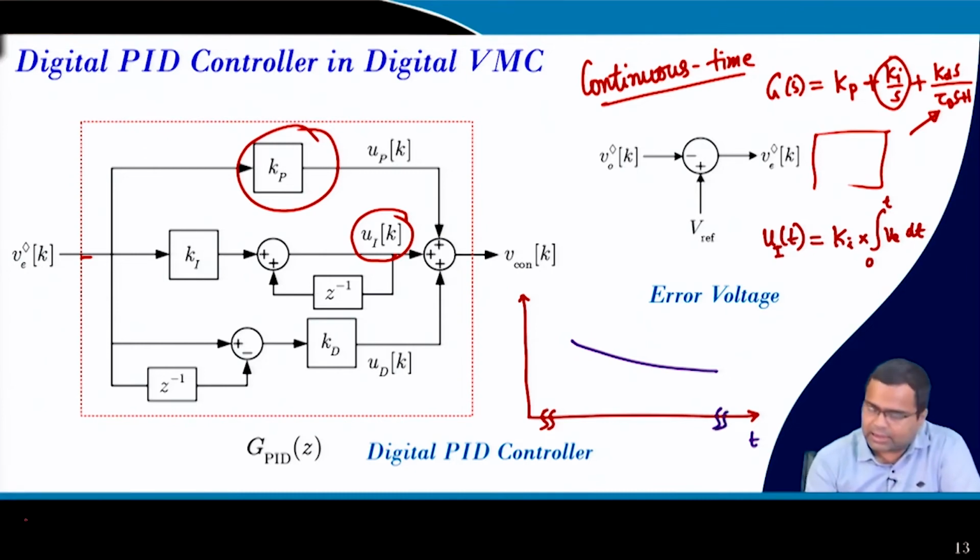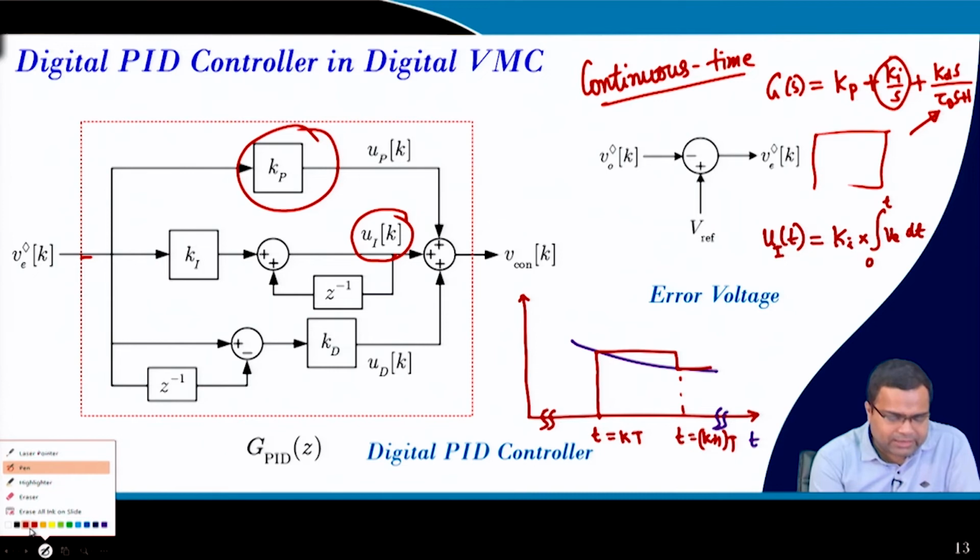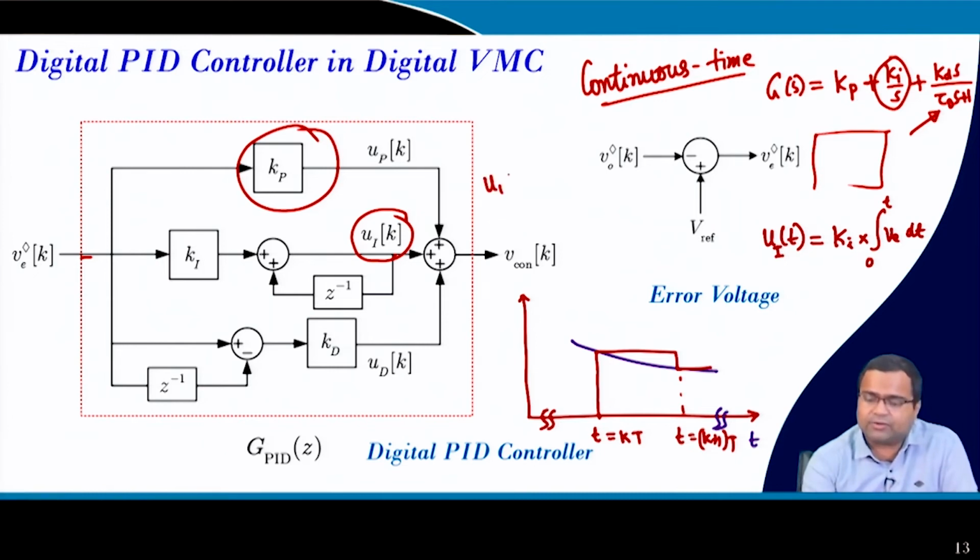In this part I am taking this sample, and again it goes like this. So, this is my t equal to kT, and this is my t equal to (k plus 1)T. So, here if we take the integration, that means u_I, we are trying to integrate the error voltage from kT to (k plus 1)T, e(t) dt.